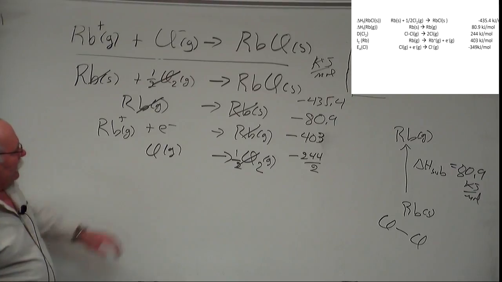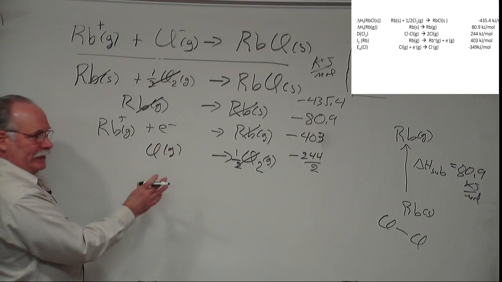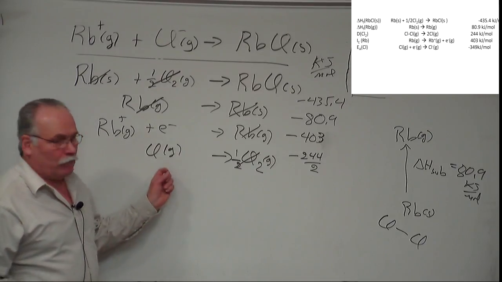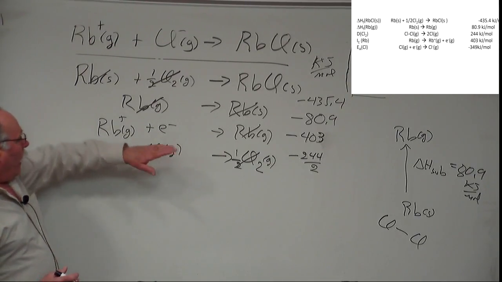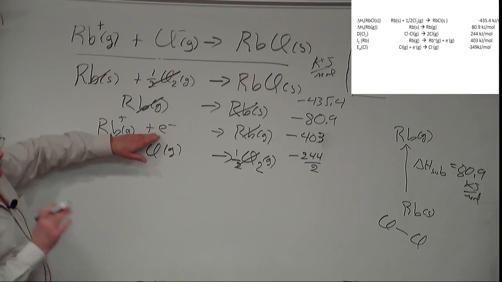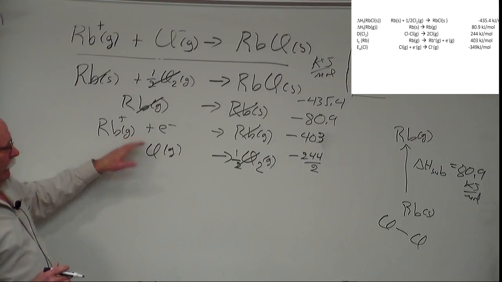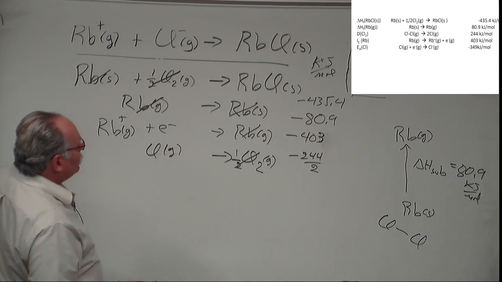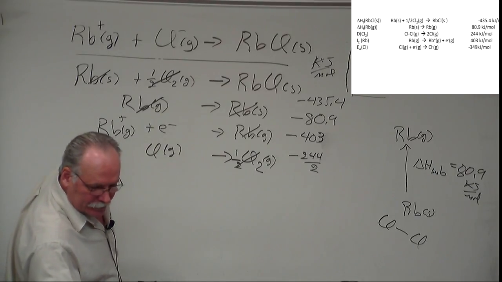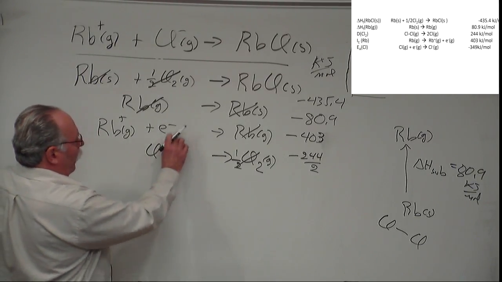And what we notice here is that we can use the electron affinity. Now if you remember from Gen Chem 1, electron affinities can be endothermic or exothermic. Ionization potentials must be endothermic. You must add energy to remove an electron. This can be endothermic or exothermic. And so we look it up, and it's a minus 349 for the electron affinity.